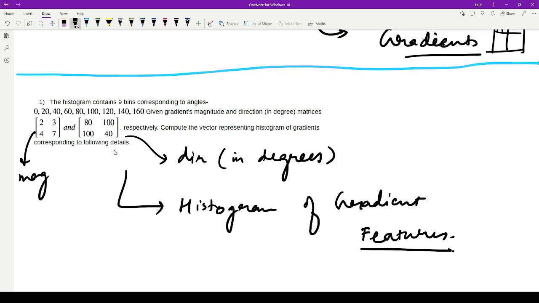How do you compute the vector representing the histogram? So these are the HOG. So what do you do to get HOG features? Anyone?